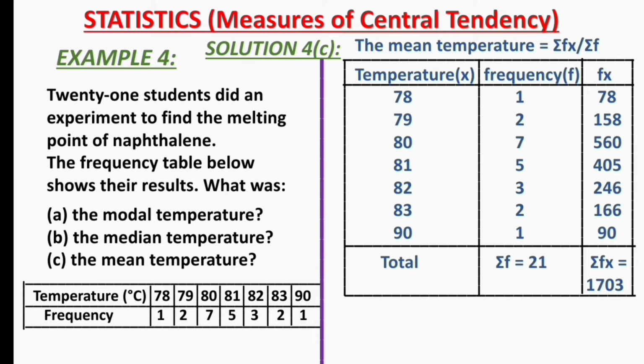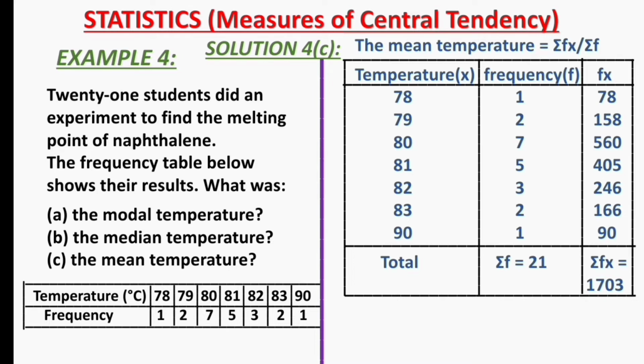From the calculation, summing up all the F terms, we are going to have sigma F is equal to 21. Of course, the question says we have 21 students performing an experiment. Also, from the calculation, summing up all the F times X values, we are going to have sigma Fx is equal to 1703. Now that we know the value for sigma Fx and the value for sigma F, if you divide these values, what will be your mean temperature?